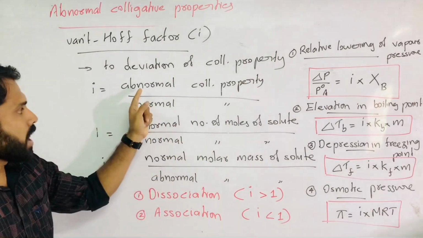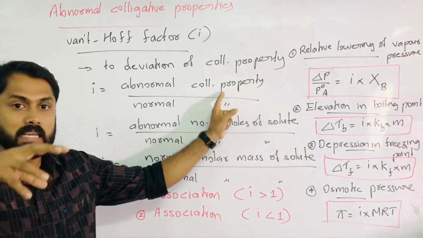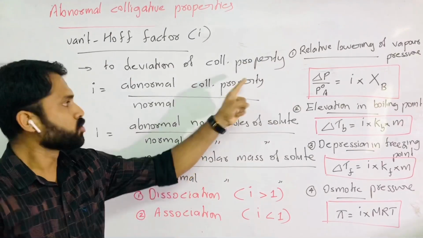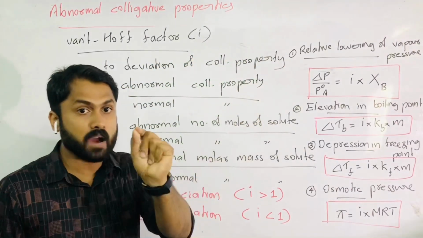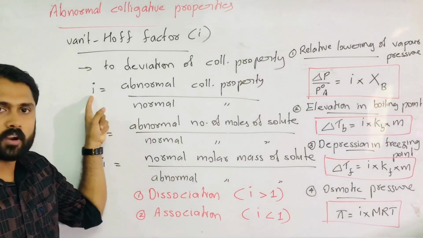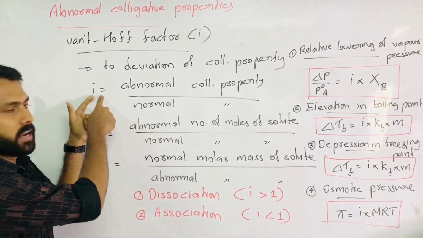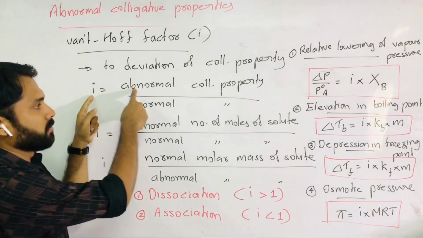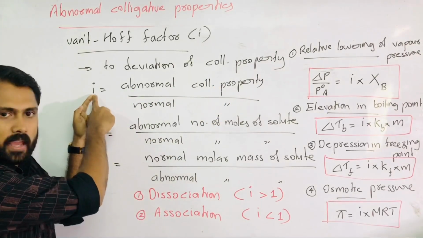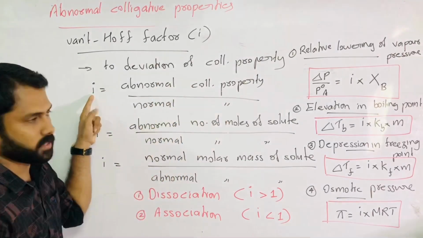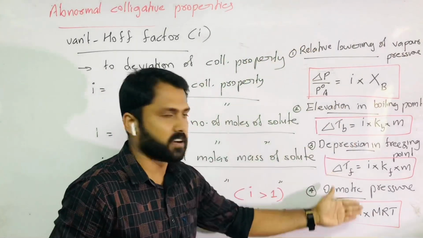The abnormal colligative property is the experimental value, so to determine it we multiply i with the theoretical value, that is the normal colligative property given in different equations.